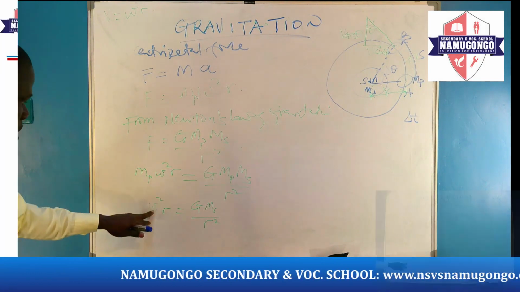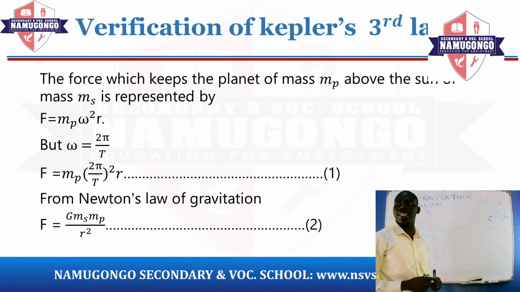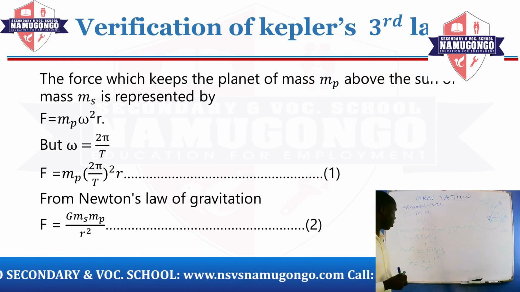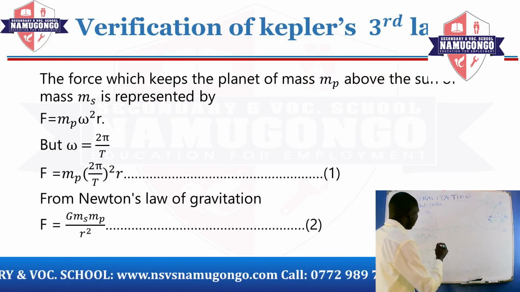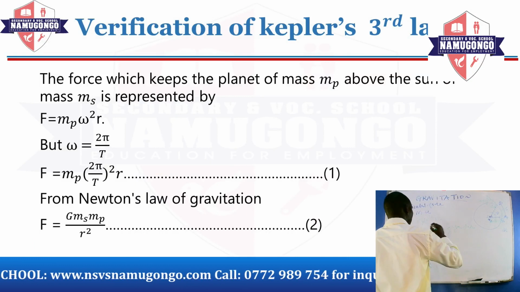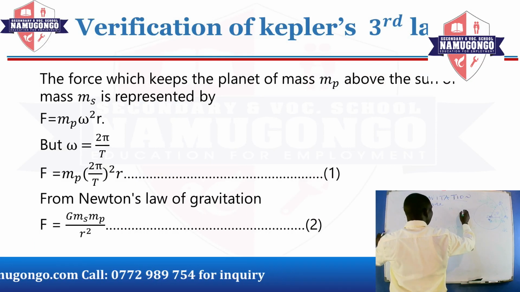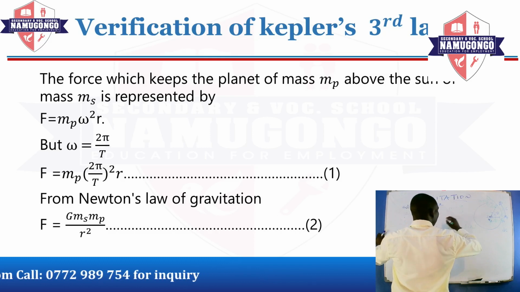But omega, we have said, is the rate of change of the angle of revolution for a body moving in a circular path. So omega equals theta over t.